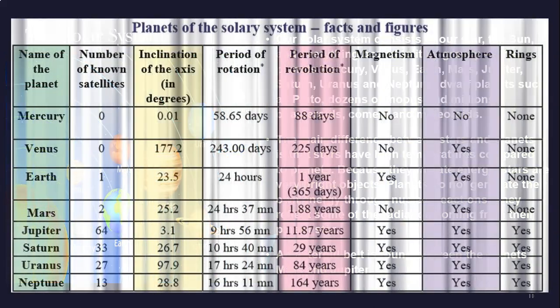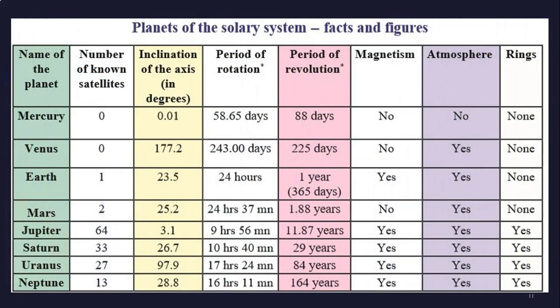So let's continue. This, my dear students, is a chart or a table which is there in your textbook. You can see different planets of our solar system are mentioned over here. Their satellites, how many satellites they have. The inclination of the axis in degrees means how inclined is the planet.